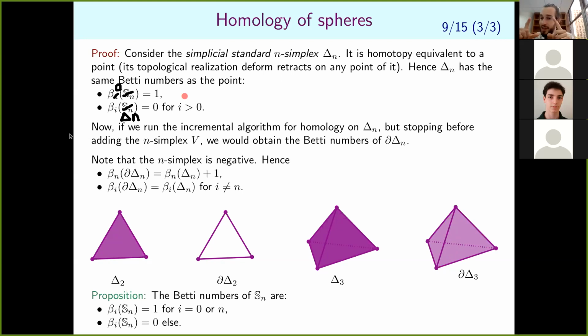But this last simplex of maximal dimension is negative. This is obvious because this is the only simplex of dimension n, so it cannot be included in an n-chain, in an n-cycle. So it has to be negative. And it means that if we run the algorithm without the last simplex, we would obtain this relation between the Betti numbers.